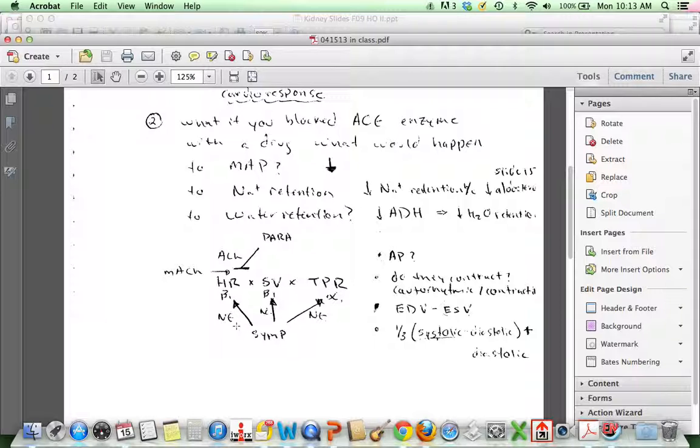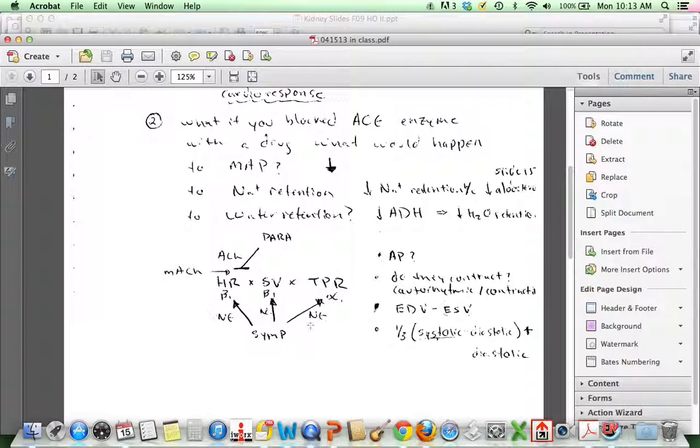Norepinephrine from our sympathetic nervous system can act on beta-1 receptors in the autorhythmic cells to control heart rate, beta-1 receptors to activate our stroke volume, and also act on alpha-1 receptors in the arterioles to increase our total peripheral resistance by vasoconstriction. And I emphasized that these were things that could come up on the final exam.